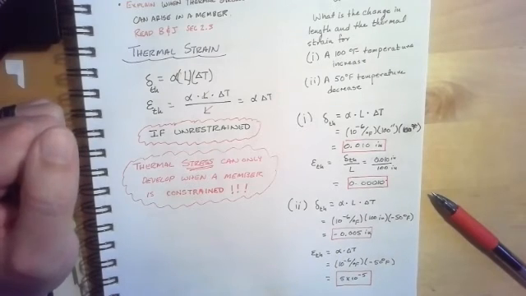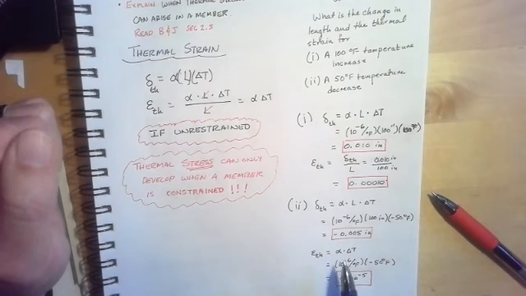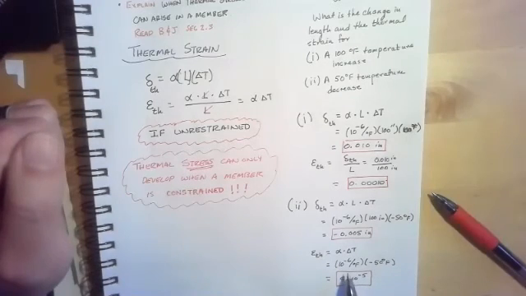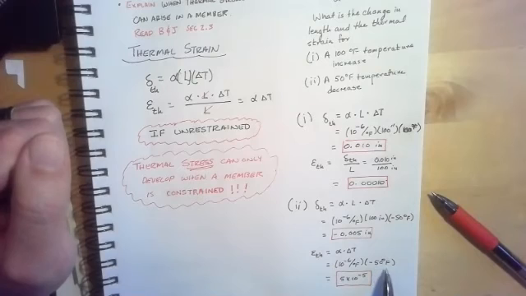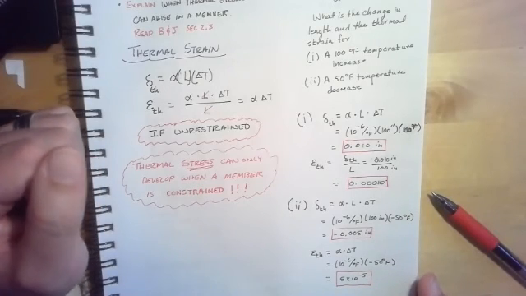Then for the thermal strain, we would have that given to us as alpha delta T. That would be 10 to the negative 6th per degree Fahrenheit times negative 50 degrees Fahrenheit. And that would give us negative 5 times 10 to the negative 5th power for the strain.